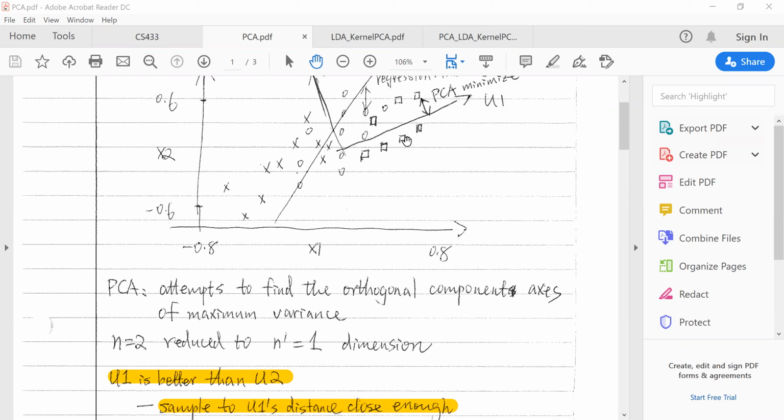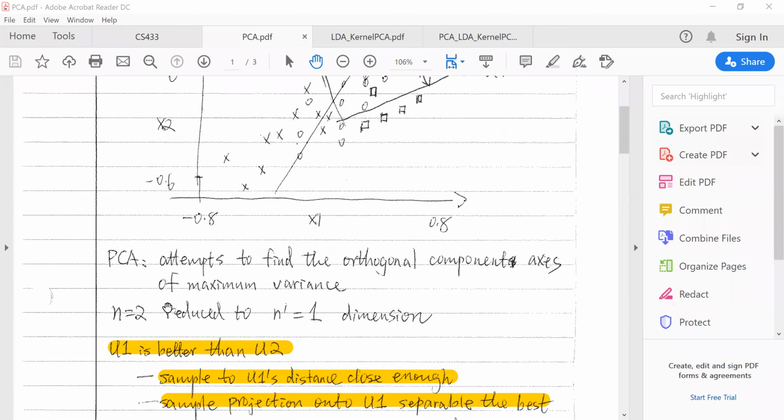So why do you pick that component as your axis? As I said, with this PCA, we can convert the original X1, X2 feature space to just a single principal component.